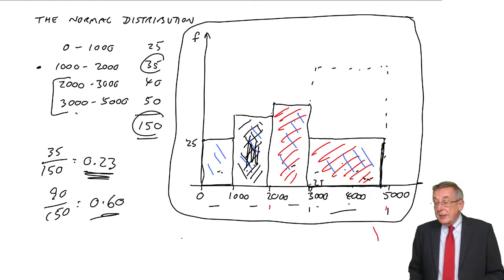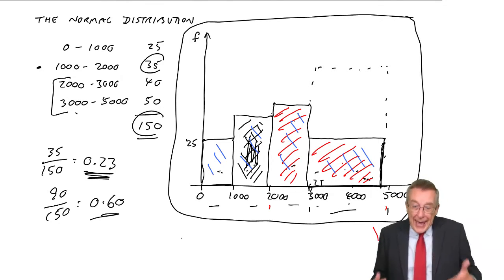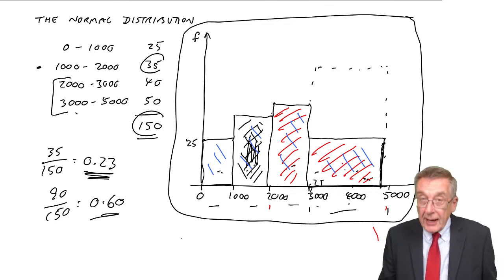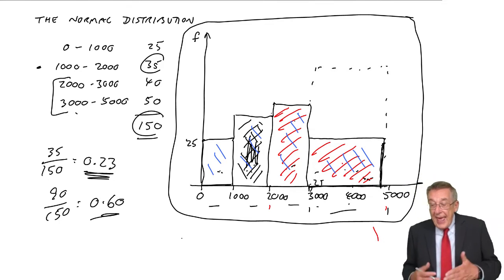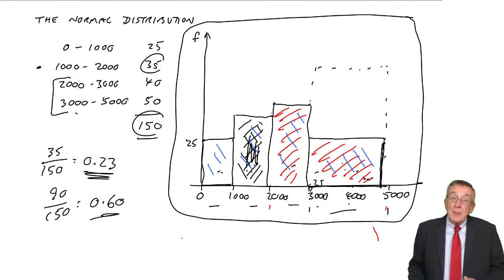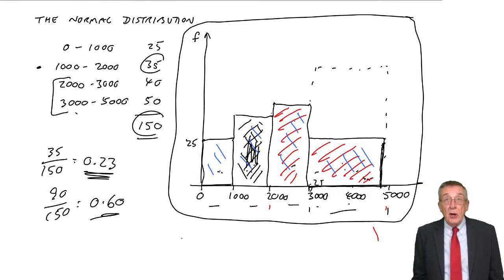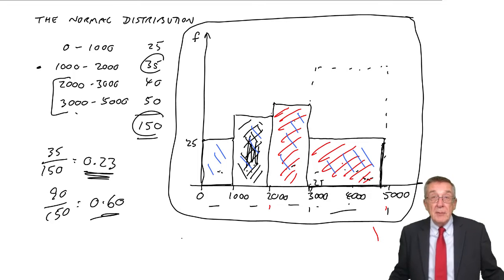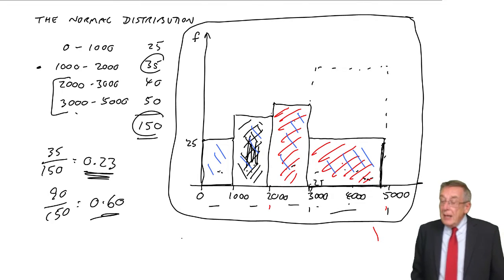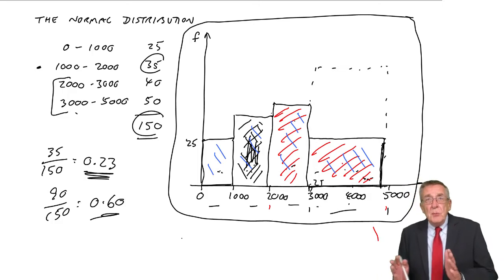Now, why have I mentioned that? What I've just said applies to any properly drawn histogram: the area in the bar is proportional to the number in that range. The total area under all the bars is proportional to the total number of people. But we could, if you like, smooth it out.